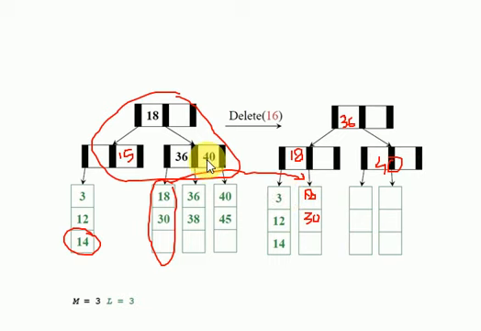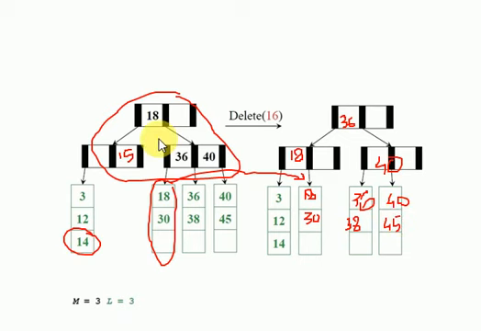This 40 will remain as it is, and this 36 will come here, 38 will come here, then 40 and 45 will come here. So that's how the deletion of 15 from the above node will take place.